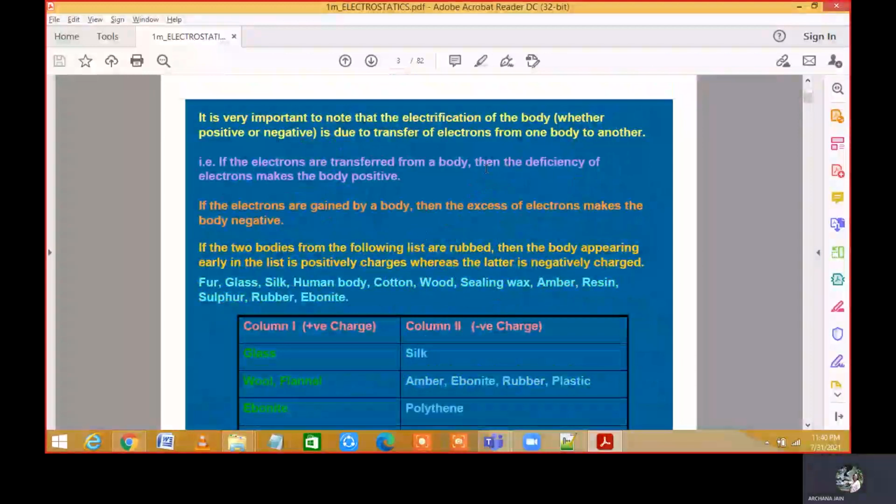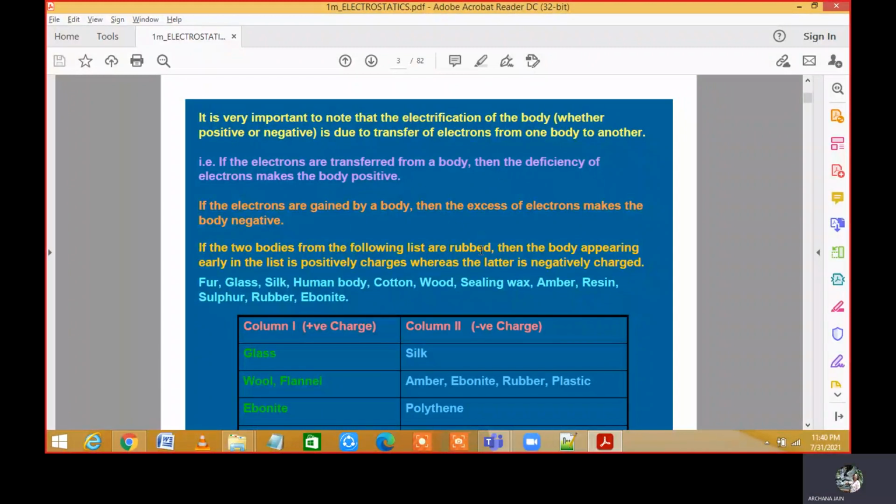It is very important to note that the electrification of a body is due to transfer of electrons from one body to another. If electrons are transferred from a body, the deficiency of electrons makes the body positive. And if electrons are gained by the body, the excess of electrons makes the body negative.